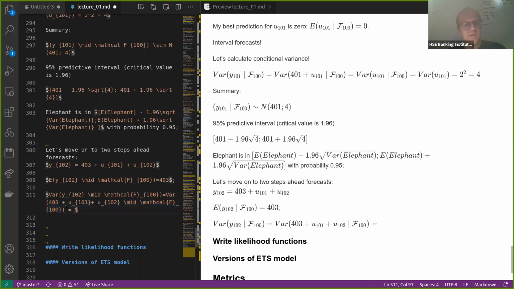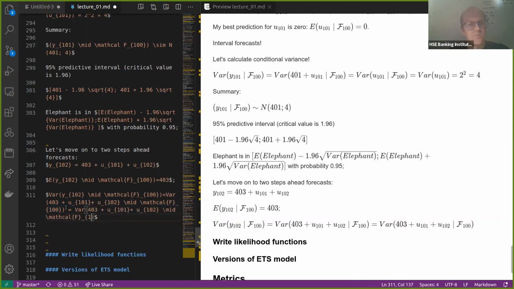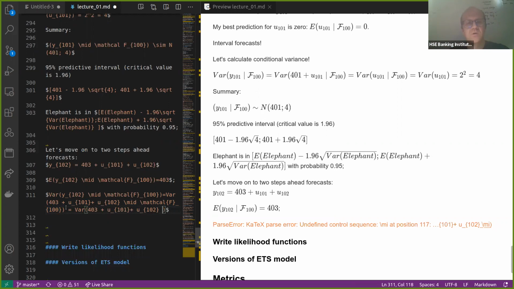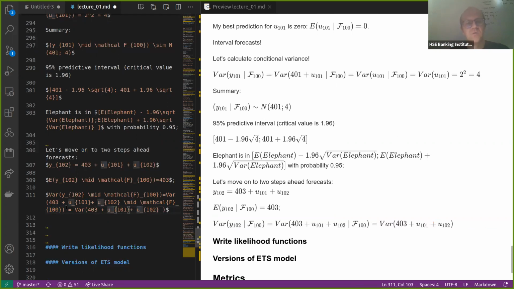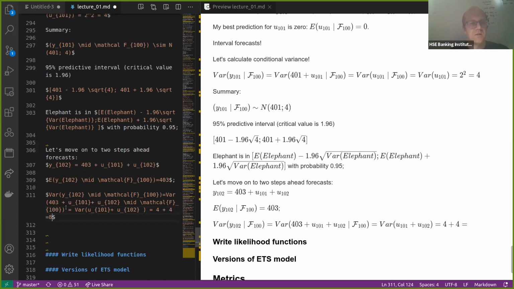And I remove 403 because that's a constant. Now the variance of a sum of uncorrelated random variables is a sum of variances. So it's 4 plus 4, it's 8.